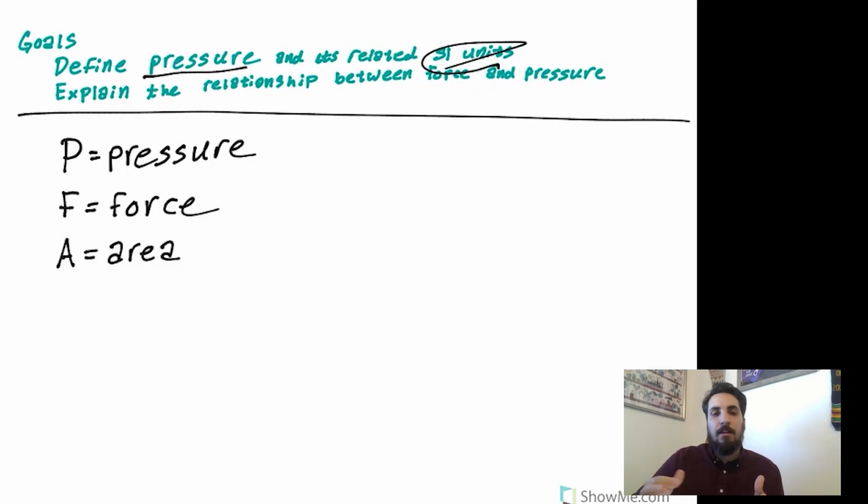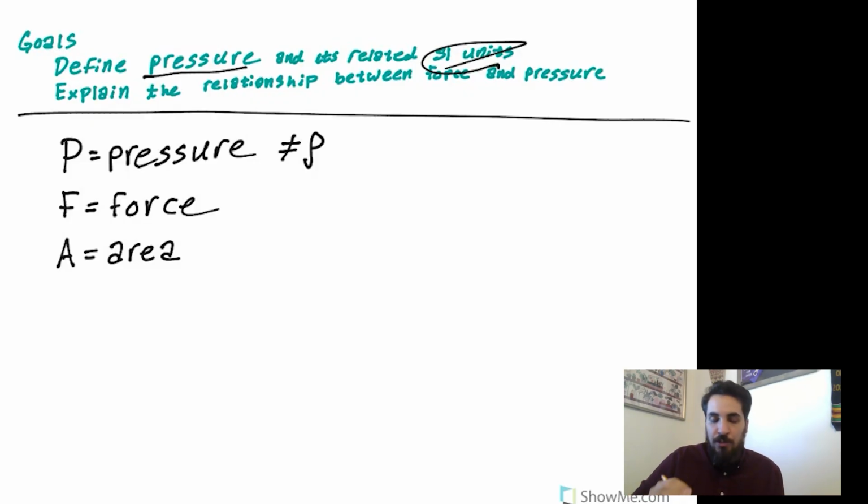Now, again, I give you these values. I'm making it clear up front. What do I mean by each letter? P for pressure, F for force, A for area. And the reason why I do this is because I want to make sure that we do not mistake P for rho, that is density. That is going to be an important part of our discussion.